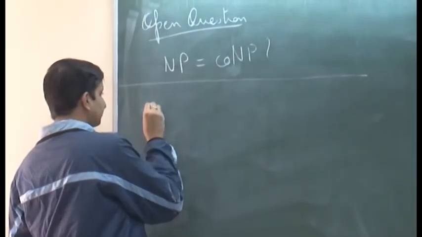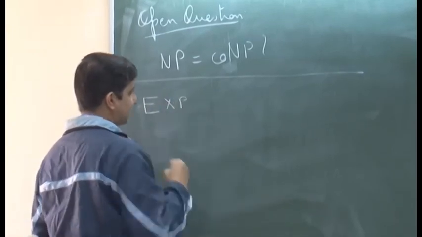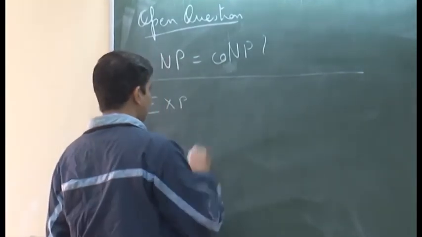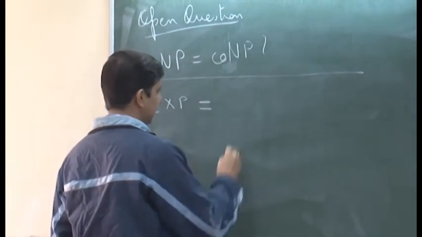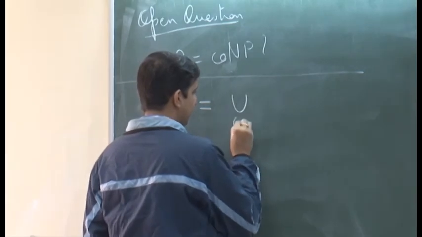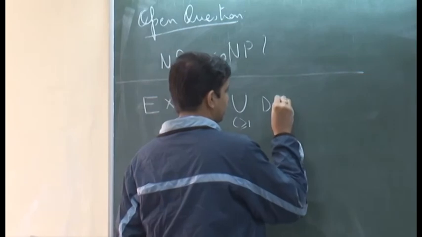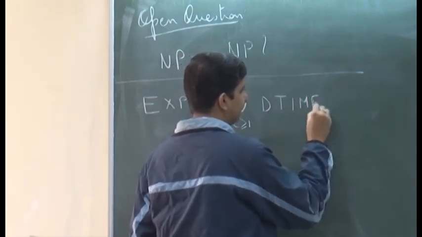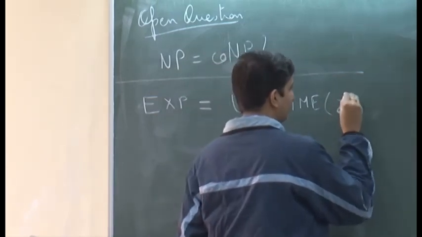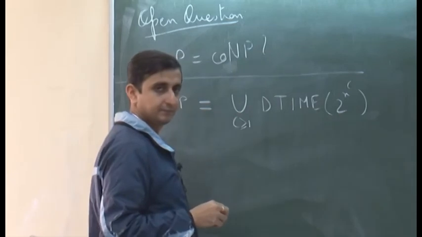So, we can define exponential time classes in a similar manner. EXP is the class of all languages which are the union of the languages contained in D time 2 to the power n to the power c. Okay.